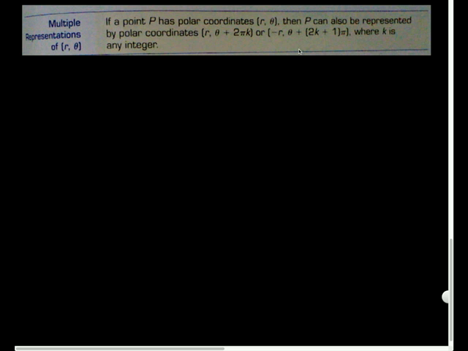Now this one's a little bit more interesting. So instead of r, they're saying we could move backwards r units. If I take my original angle and add 2k plus 1, which, I don't know if you know this, but the definition of an odd number is 2n plus 1, where n is an element of the integers.